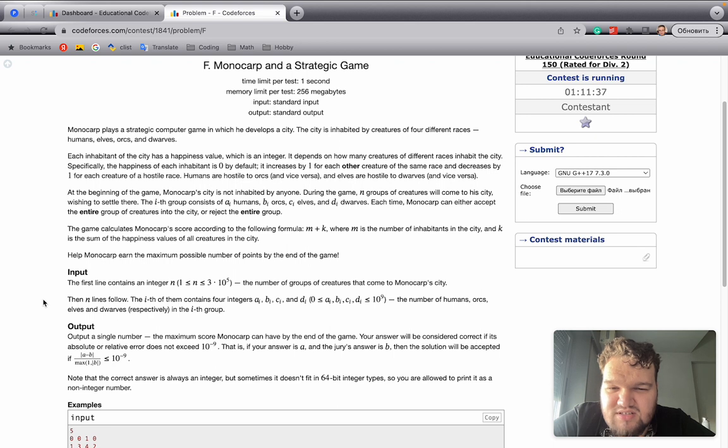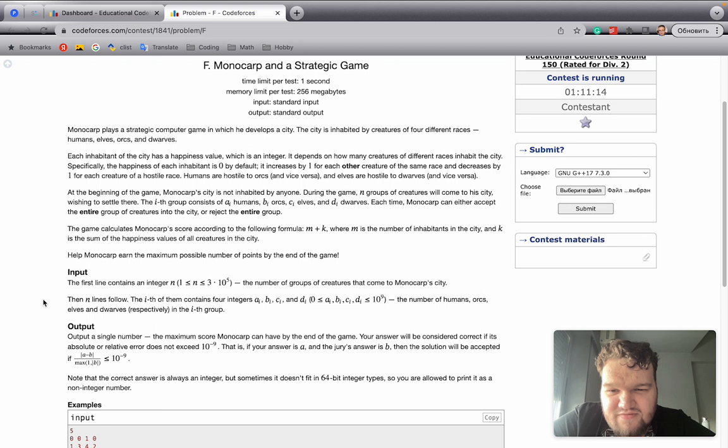It is the number of creatures of the same race living in the town, excluding that one, minus the number of creatures of the antagonistic race.